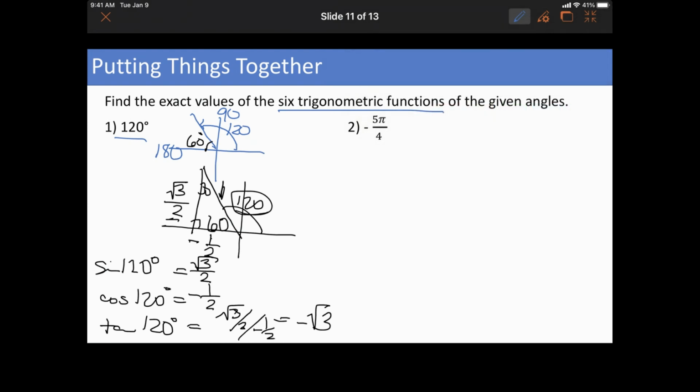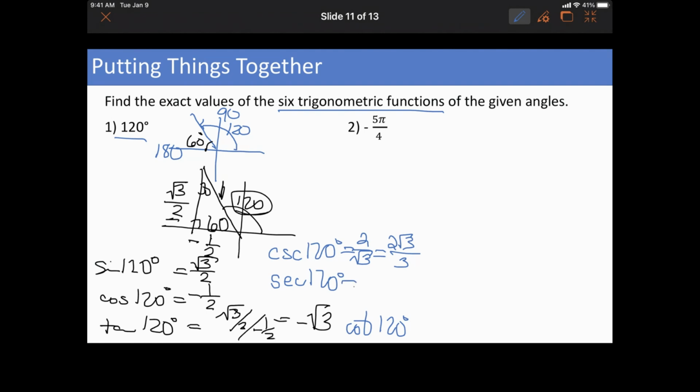I really needed more room. Okay, so cosecant, secant, and then cotangent. So we're doing the reciprocal, so that's 2 over √3. We do not like roots in the denominator, so this is going to be 2√3/3.